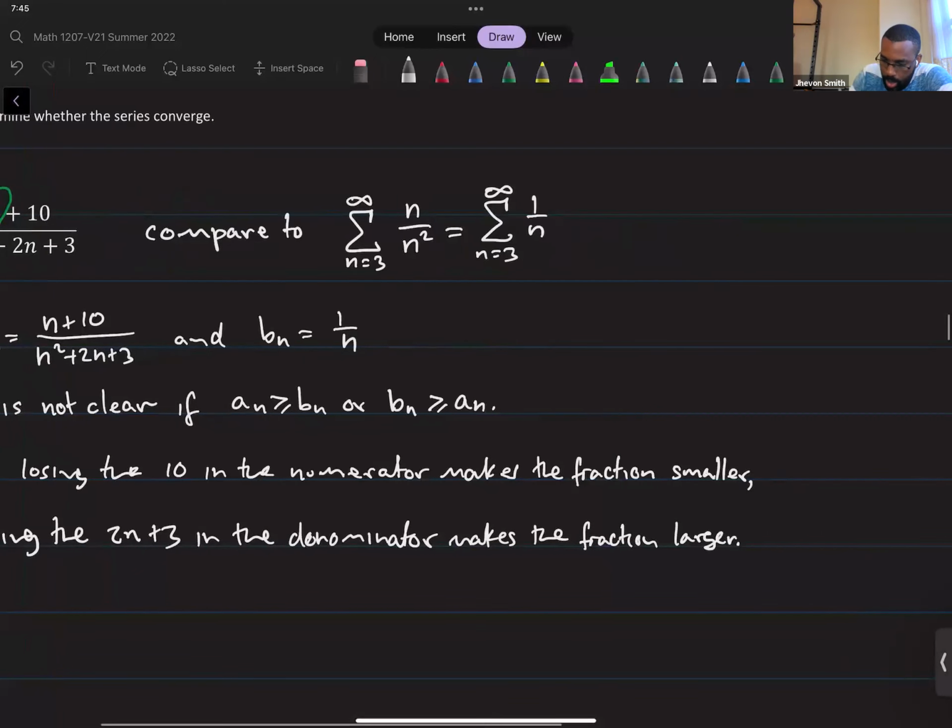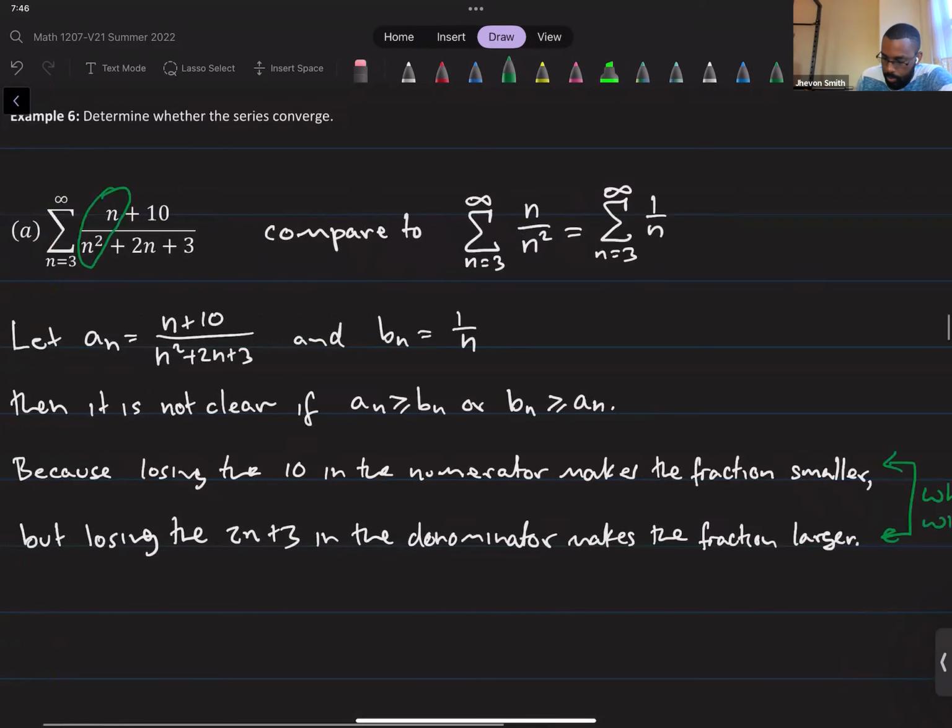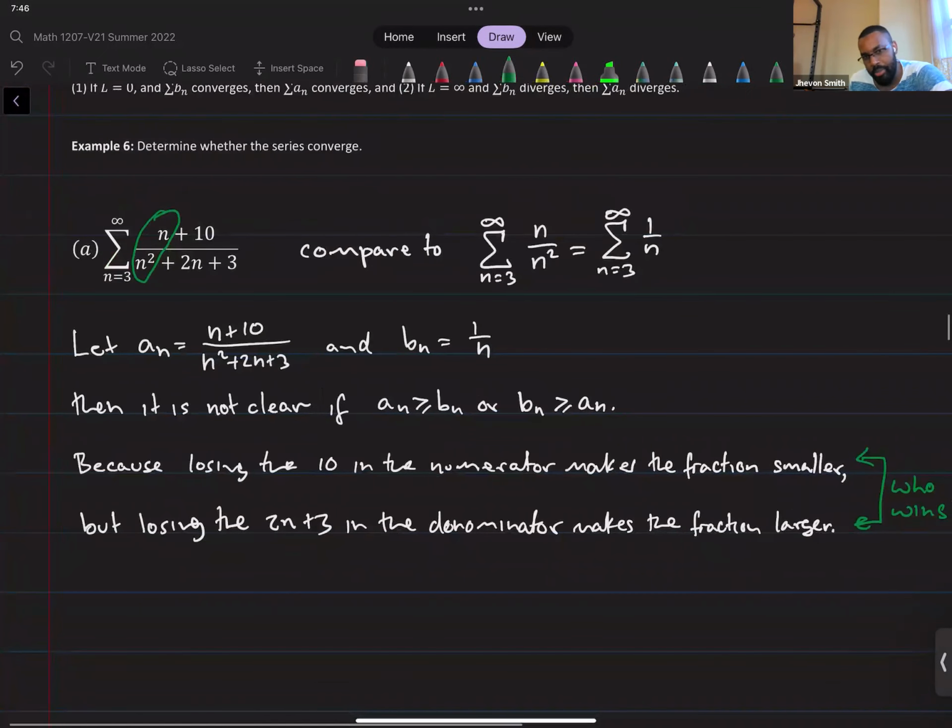So then you're like, well, who wins here? Right? It's not good enough to say, I feel like the 2n plus 3 in the denominator has a greater effect than the plus 10 in the numerator. It's not about feelings. If you want to actually justify that in a math class, you'd have to prove it.